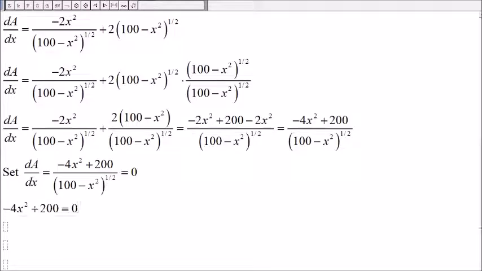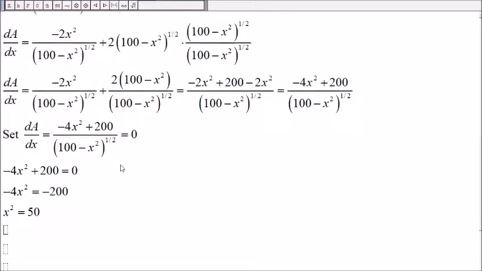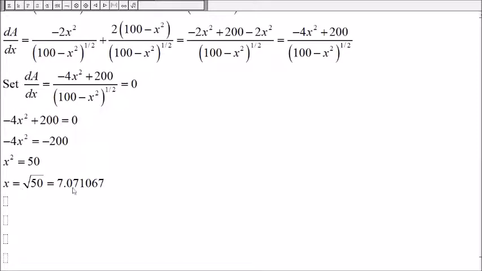So that has to equal 0. Now subtract 200 from both sides, and then divide by negative 4. Then we get 50. Then take the square root of both sides, so x is the square root of 50, which is about 7.071.